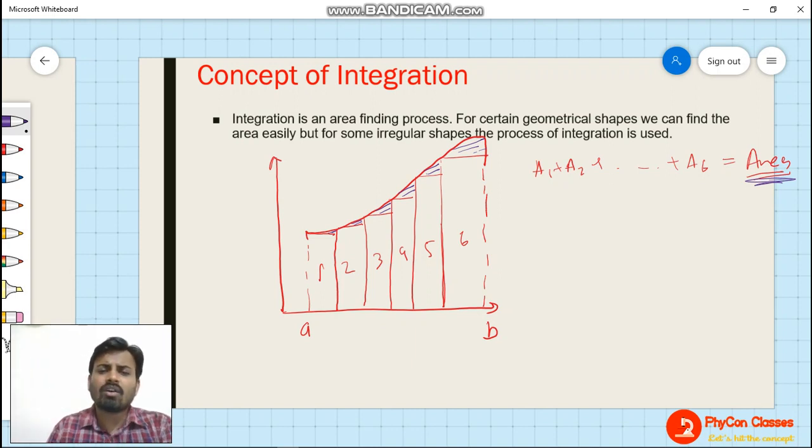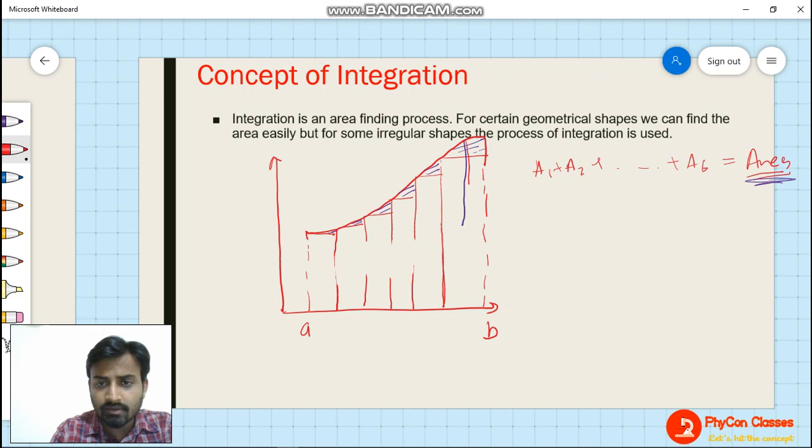Now to eliminate or reduce this error, what can I do? The next step that I can do is to just reduce the width of our rectangles. If we reduce the width of our rectangle, just think of this.